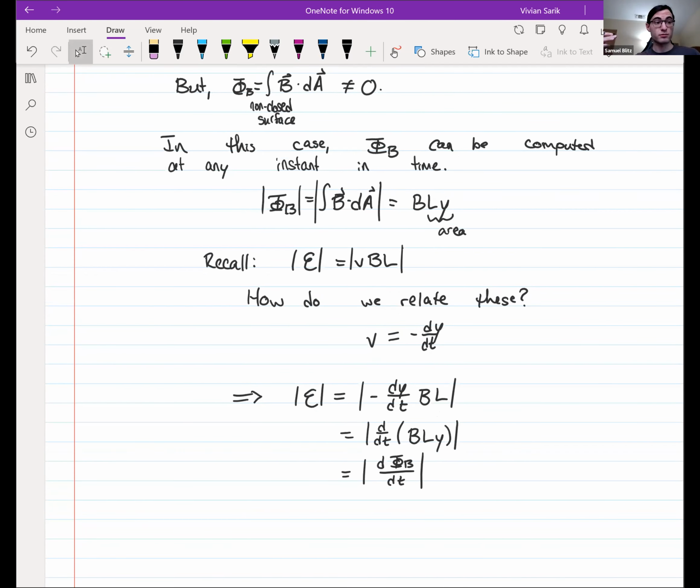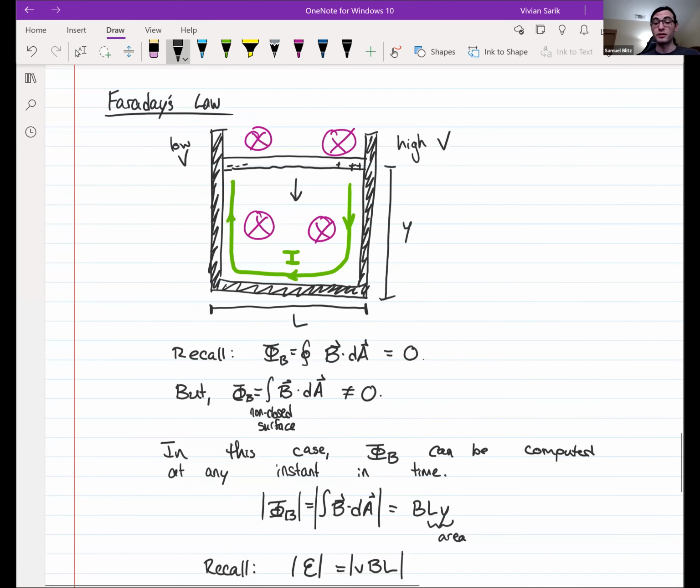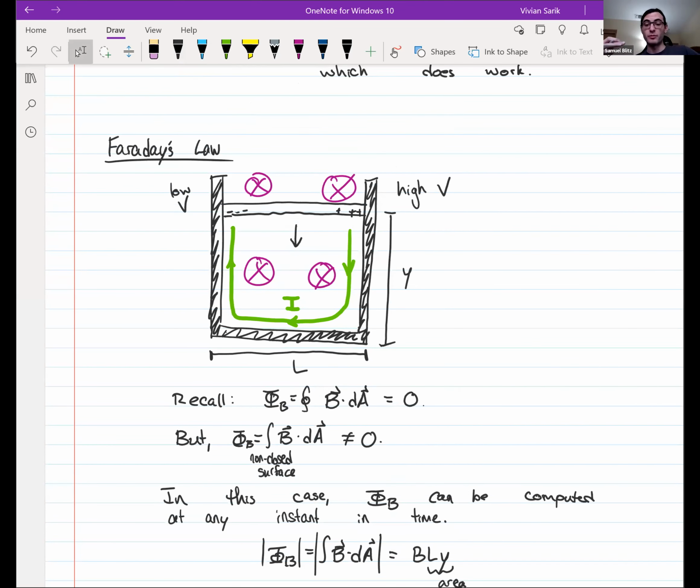So this is kind of remarkable that the EMF developed by this moving rod, the EMF developed in this circuit, is just related to how much of that magnetic field is enclosed by the circuit. And in fact, it's related to the rate at which the magnetic field enclosed by the circuit is changing, or the rate at which the flux is changing, rather, which is strange, but useful.